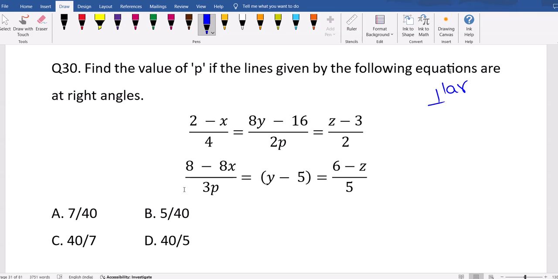Perpendicular, so we need to see the lines are perpendicular. So then what should your answer be? The p value.